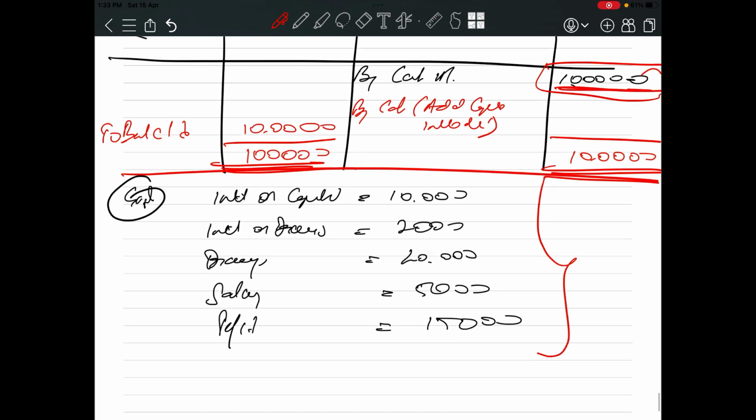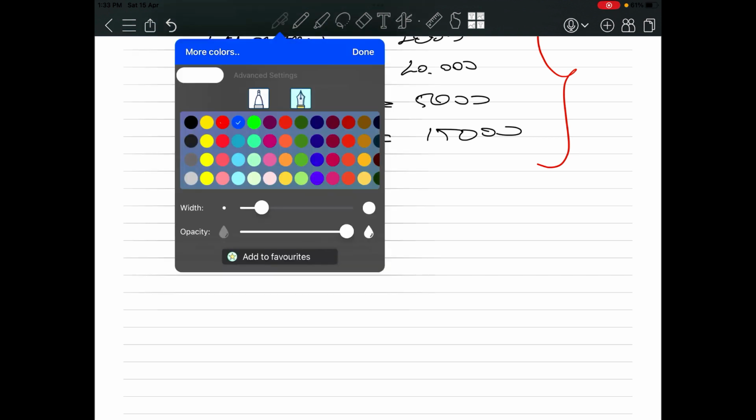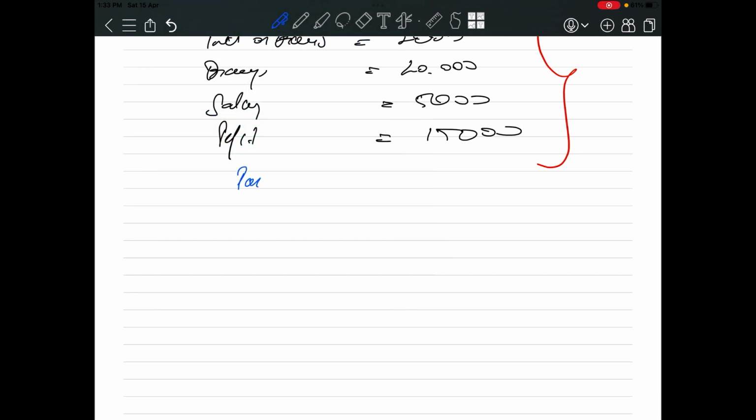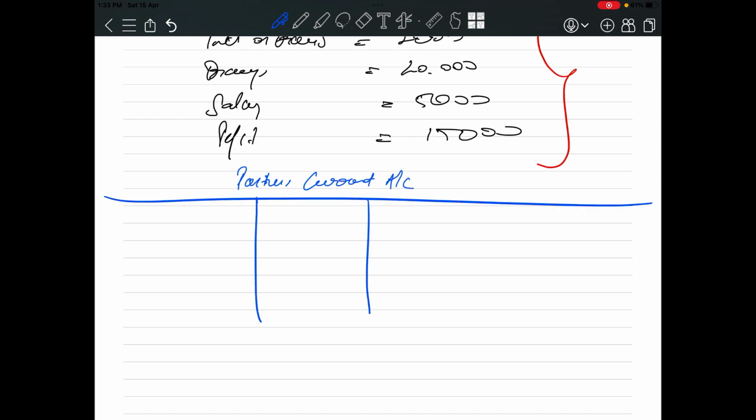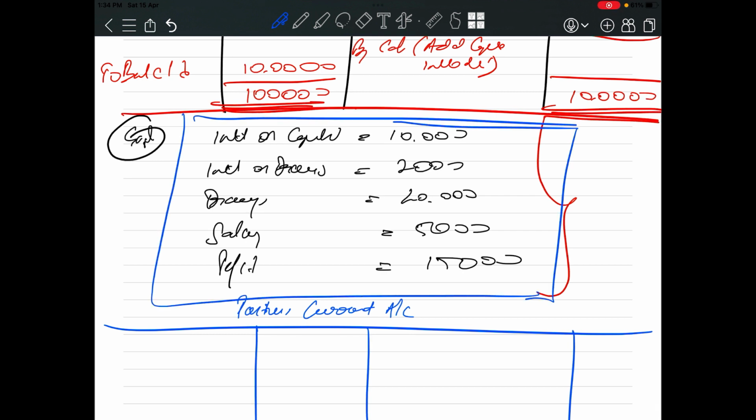No doubt, right? Now, if we are preparing fixed capital account, the second account which we'll have to prepare is partner's current account. All these items, interest on capital, interest on drawings, salary, profits will be transferred to partner's current account.